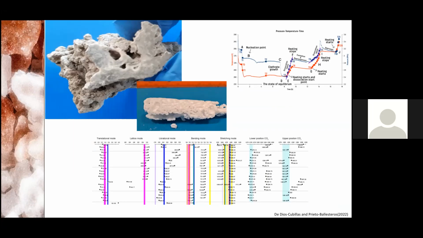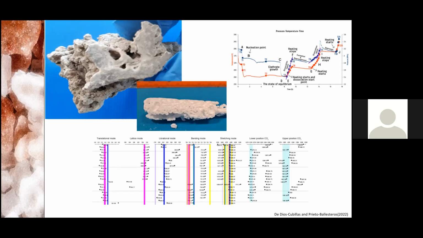We are starting from a solution mixing calcium hydroxide and magnesium hydroxide and CO2 in water to form the clathrate first and then dissociate it. I have to mention that these experiments are still running, but I want to show you some preliminary results because they are very interesting. What we are seeing is that calcite is the final phase product when we start with calcium hydroxide.